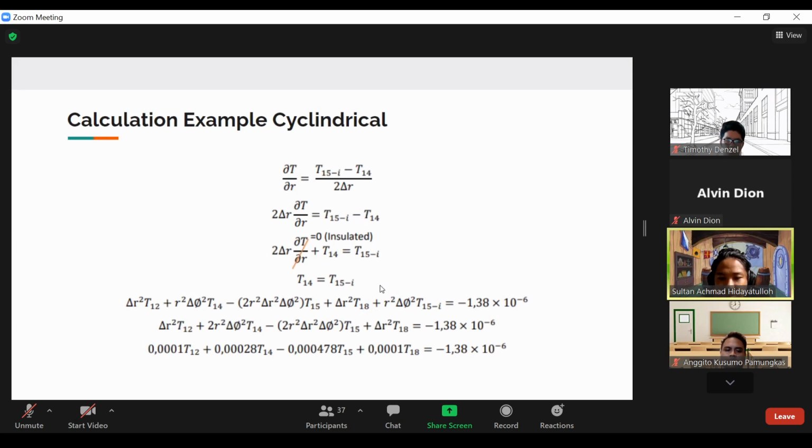The equation is 0.00001 T12 plus 0.00028 T14 minus 0.0000478 T15 plus 0.0001 T18 equal to minus 1.38 times 10 to the power of minus 6. Next.